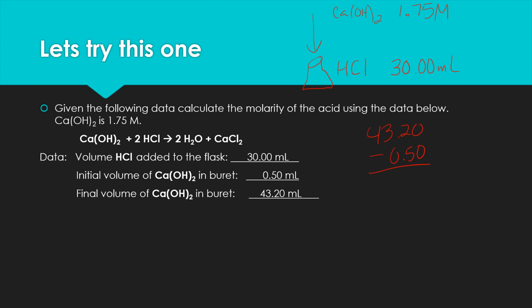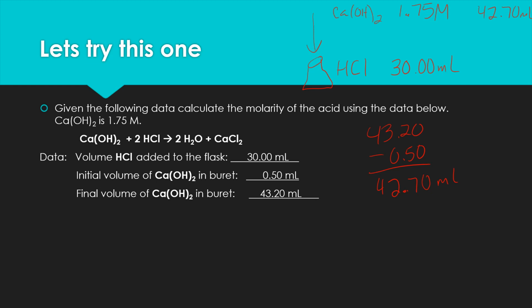And we're going to get 42.70 milliliters, keeping that 0 because it is significant. So we know we're using 42.70 milliliters of our calcium hydroxide. That's a pretty significant amount because our burette only holds 50 milliliters. So that's using most of that volume.